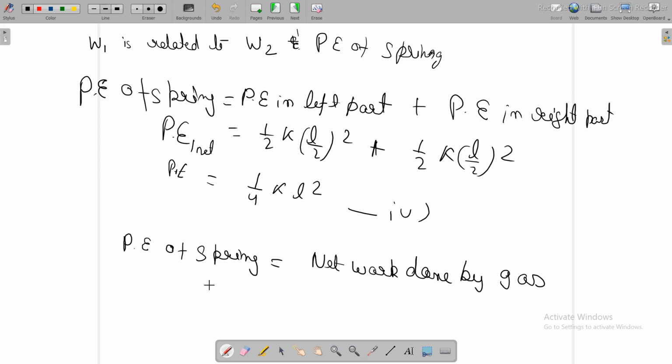This means W2 minus W1 is equal to half K L square. This is equation 5th.